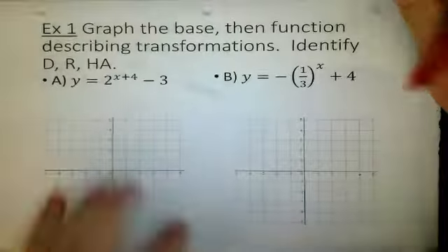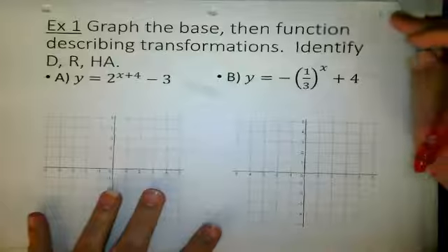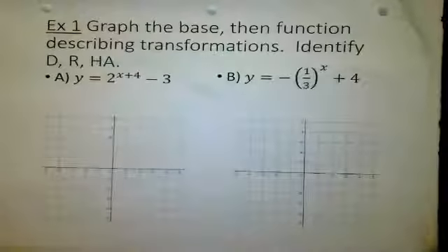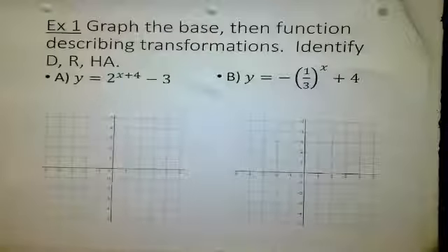So here we go. Example 1, graph the base, then the function describing the transformations. Identify the domain, range, horizontal asymptote.